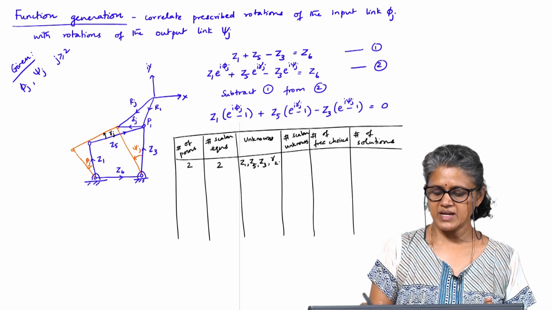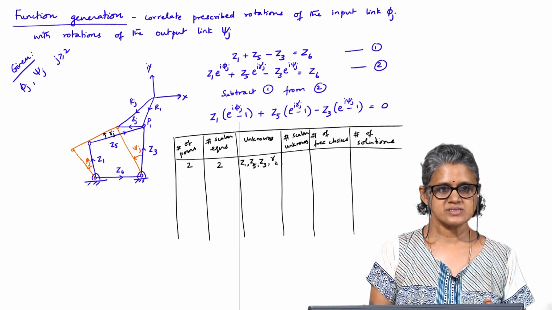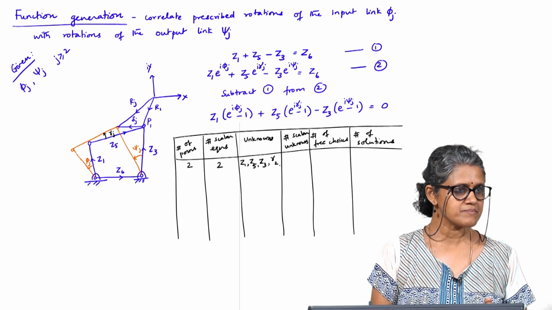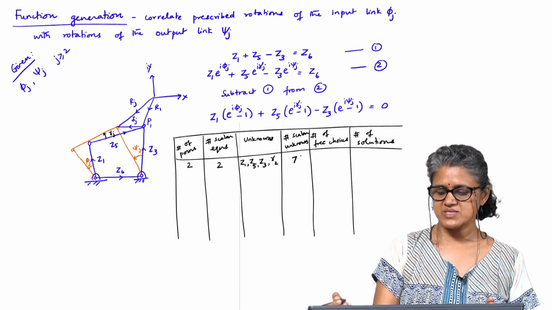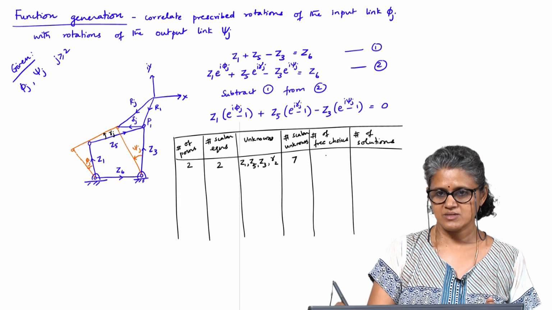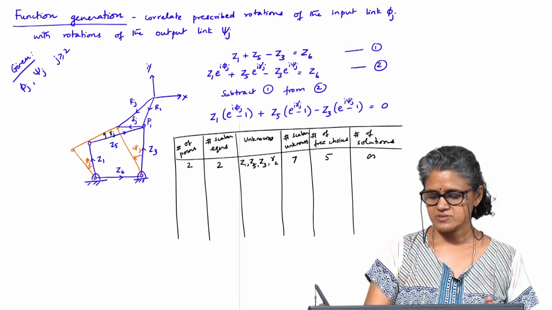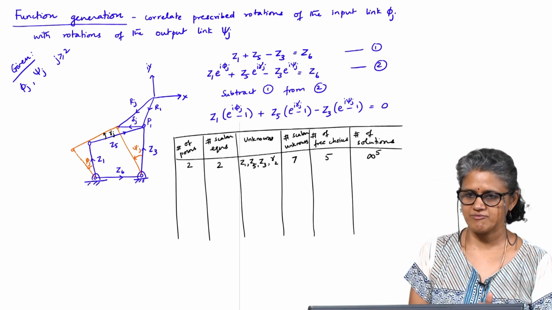So, the number of scalar unknowns is 2, 4, 6 plus 1, 7. All the z's are vectors. So, I have 7 scalar unknowns. So, my number of free choices is 5. So, I have order of infinity to the power 5.